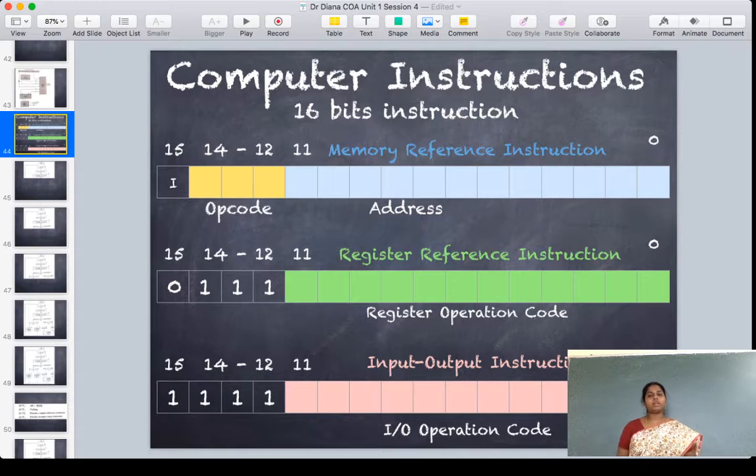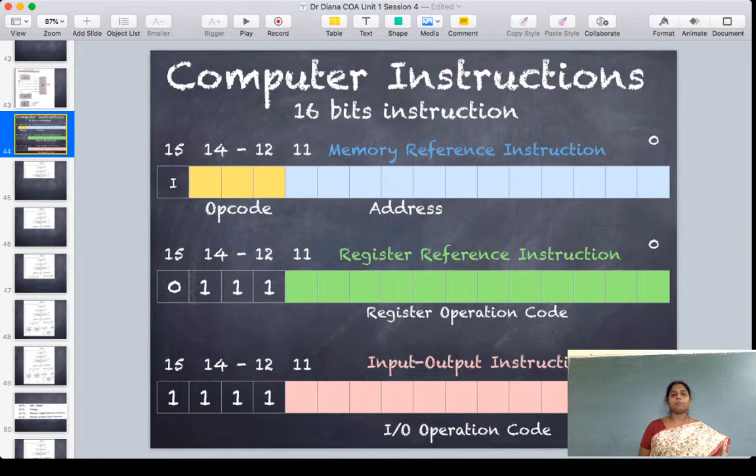And we have seen 12 different instructions under the register reference category. And if the bits 12 to 15 are set to 1, then it indicates that it is an IO operation. For IO operation also, we have bits 0 to 11 used for indicating the operation to be performed. So this is the set of computer instructions which we are trying to perform using the basic computer.